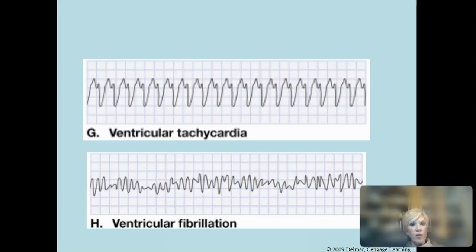The goal of defibrillation is to shock the heart to stop it and get it to restart normally. But we could shock them into asystole and then it doesn't start back normally. That is when you continue your CPR, okay?